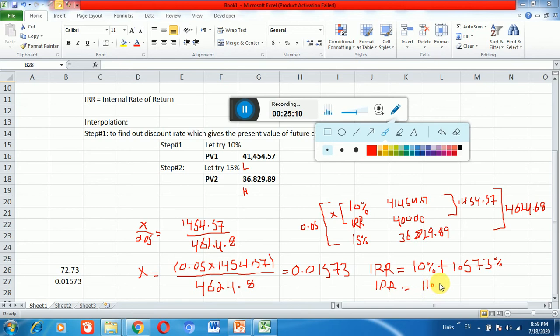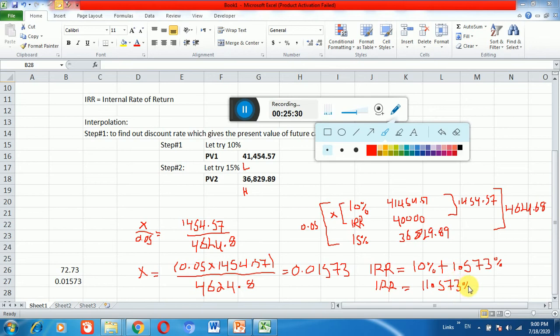11.11. Keep in mind this is point. So 11.573%. This is called IRR. What does this mean, dear students?